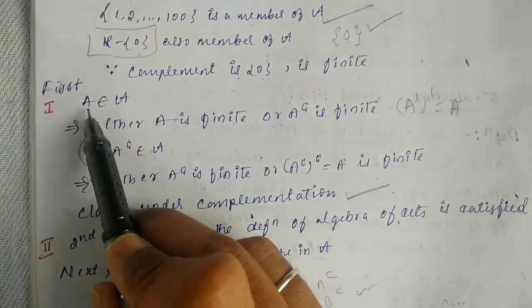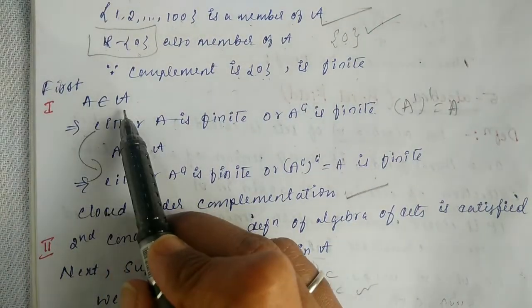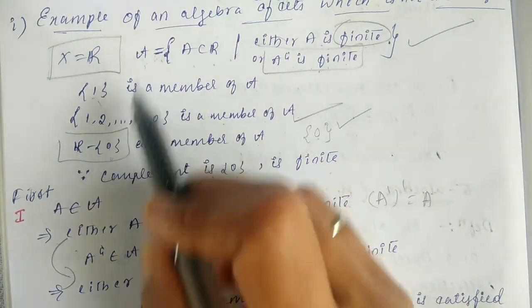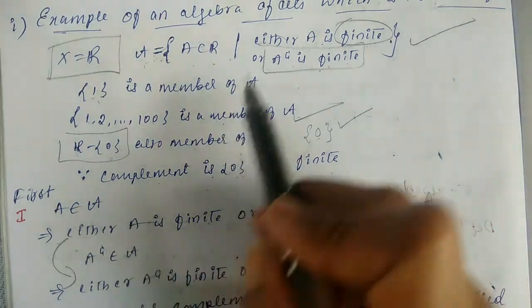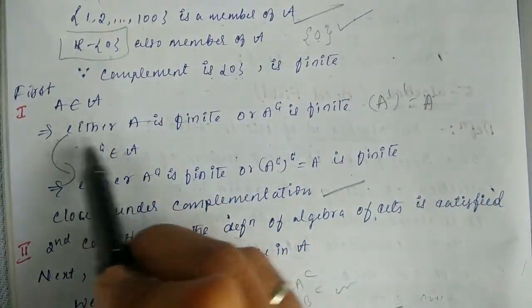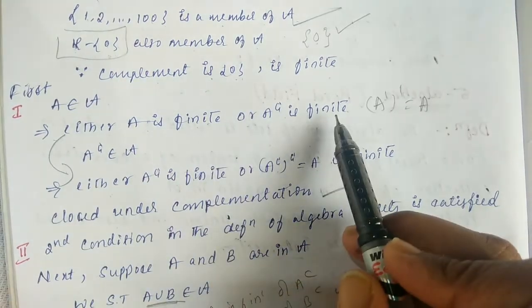First, I am considering A belongs to A. It means that when the set A belongs to the collection A, either A is finite or A complement is finite. So A belongs to A implies either A is finite or A complement is finite.